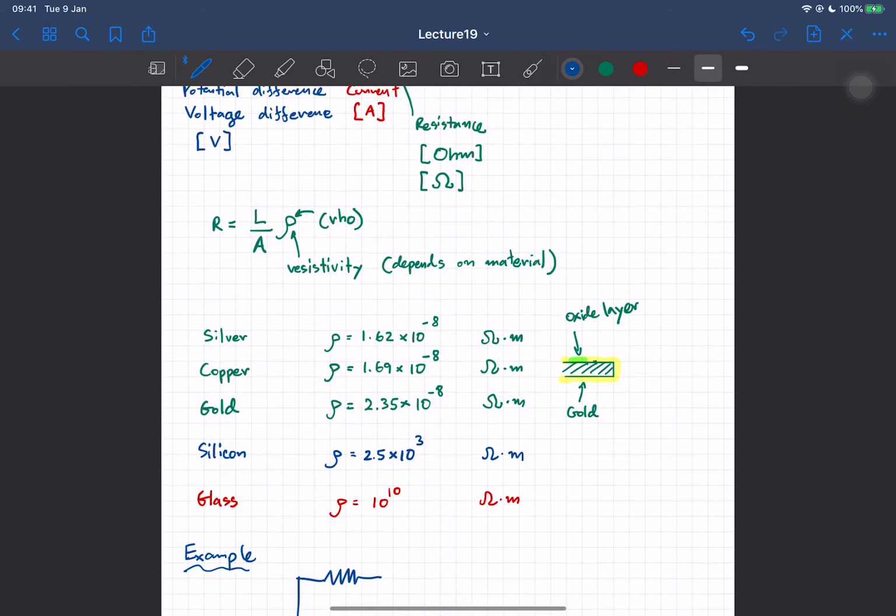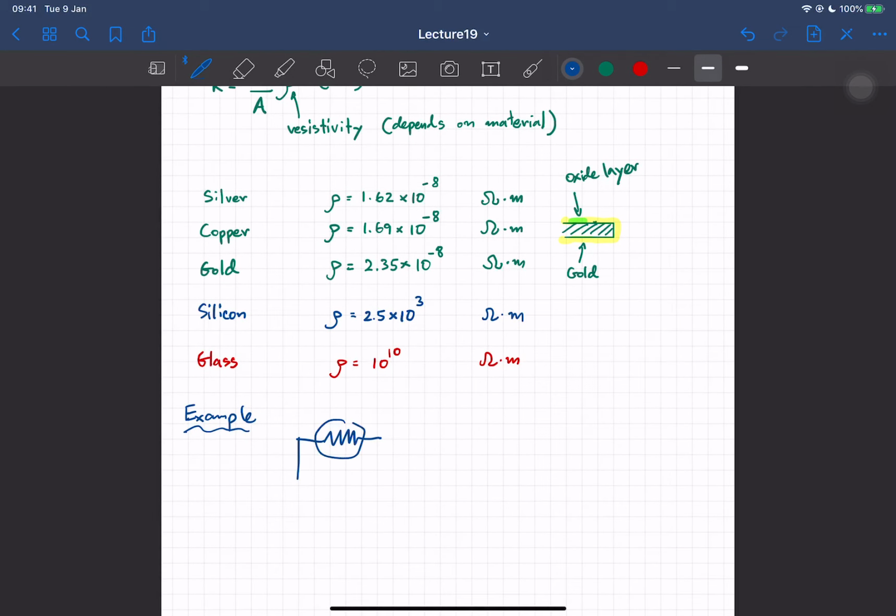By the way, this is how a resistor is written in the US. In Europe, a resistor is drawn like this. It doesn't matter which one you use, it's what you're used to. I'm used to this, so I'm going to draw it that way. But keep in mind that when you see a diagram that uses a resistor like this, it also means the same thing. Let's just note that.